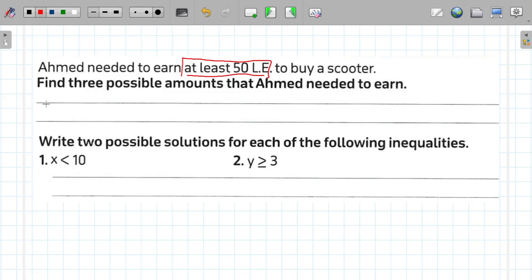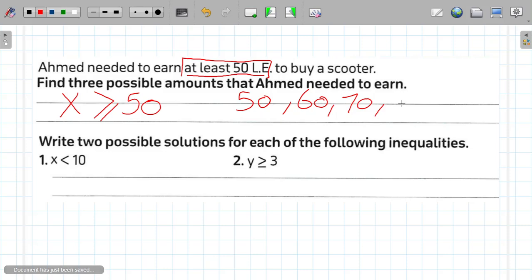Okay, so our inequality here will be x, the amount that Ahmed needed to earn, I want x to be more than or equal 50 pounds. Okay, so the 3 possible amounts may be any number that is more than 50. So I can have 50 pounds, 60 pounds, 70 pounds, 100 pounds, 150 pounds.